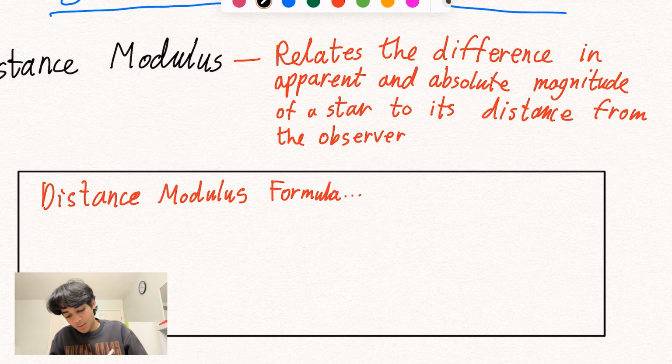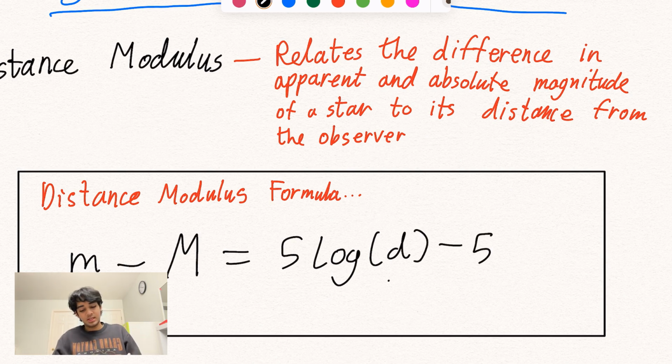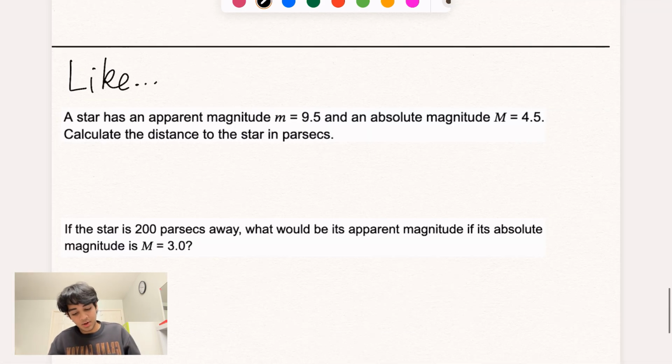So we have apparent magnitude minus absolute magnitude equals 5 times log base 10 of the distance minus 5. This d right here, this distance is in parsecs. So let's look at how to apply this. So if a star has an apparent magnitude of 9.5 and an absolute magnitude of 4.5, let's calculate the distance to the star in parsecs.